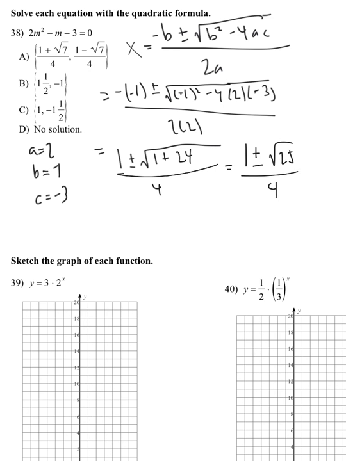So there's two answers here. Sorry, I should simplify this though. It's 1 plus or minus the square root of 25, which is 5.